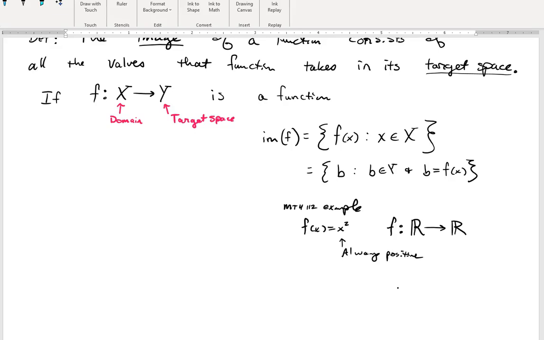Okay, so if we look at the graph of y equals x squared, the image is the set of all the outputs. That's all the y values. That's all the positive real numbers.